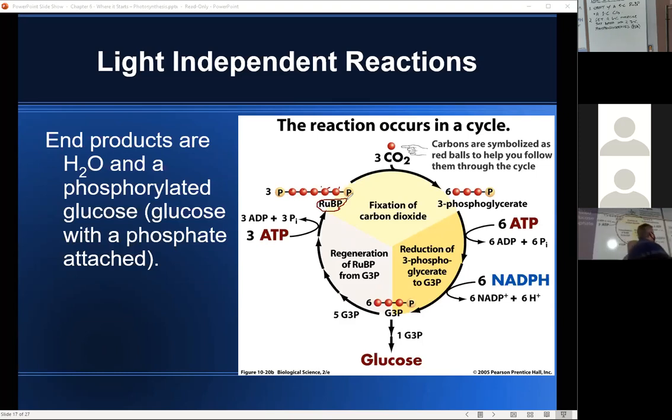In this step, we're going to use the energy from ATP and the electrons and hydrogens from the NADPH that we made in the light-dependent reactions.